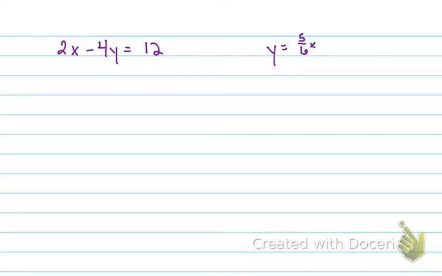All right, so this is equation number 1, and this is equation number 2. I want you to just write on your desk what form these equations are written in. Okay, go ahead and do that.